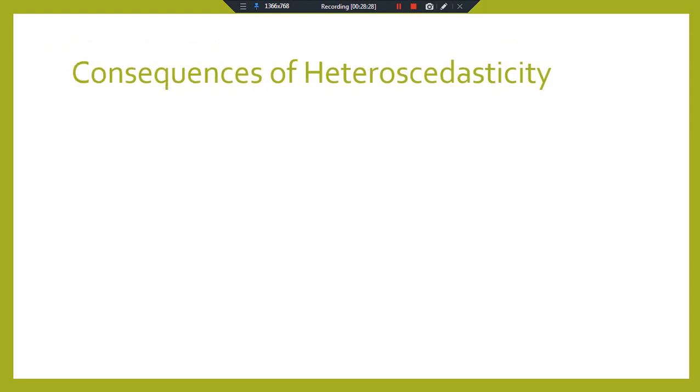Here are some consequences of heteroscedasticity, and these consequences mean that we cannot apply OLS. The first: the estimated coefficients may still be unbiased, but they are no longer BLUE, the best linear unbiased estimator.